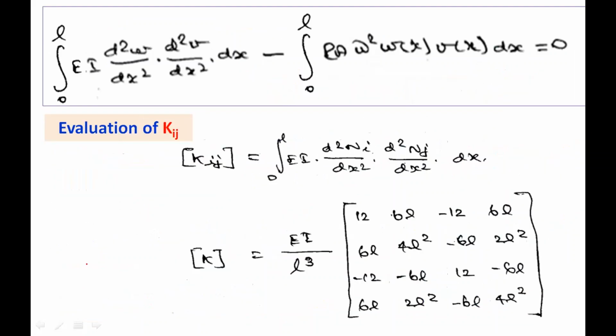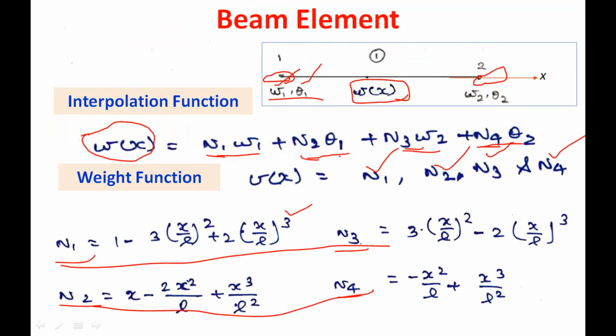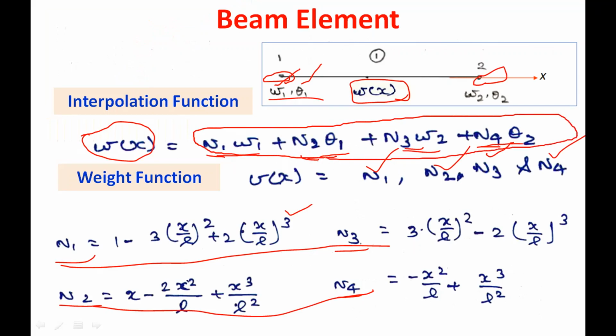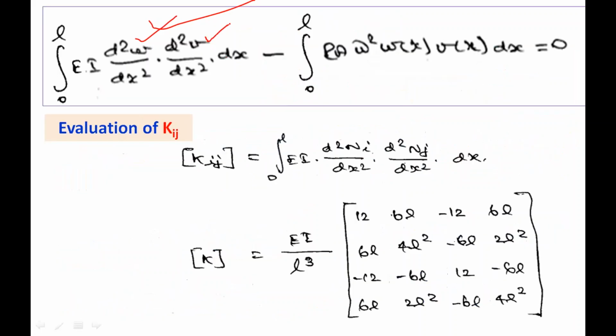Let's see, this is the weak form of the transverse vibration equation. Now for w we are going to use the interpolation function, n1 w1, n2 theta 1, n3 w2, n4 theta 2 like that, and weight function v can be n1 or n2 or n3 or n4. By substituting that, we will get the four simultaneous equations.